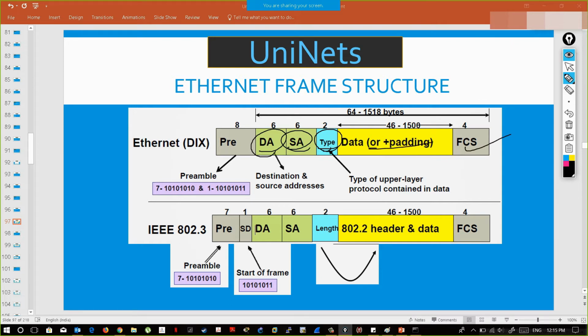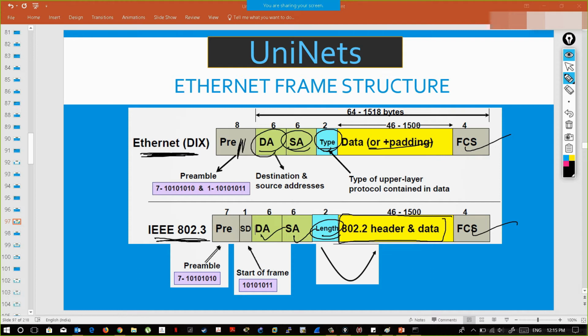This is the Ethernet header. We also have another header, that is the 802.3 header. Everything is the same: destination, source, and length, which will say the length of this data, then FCS.